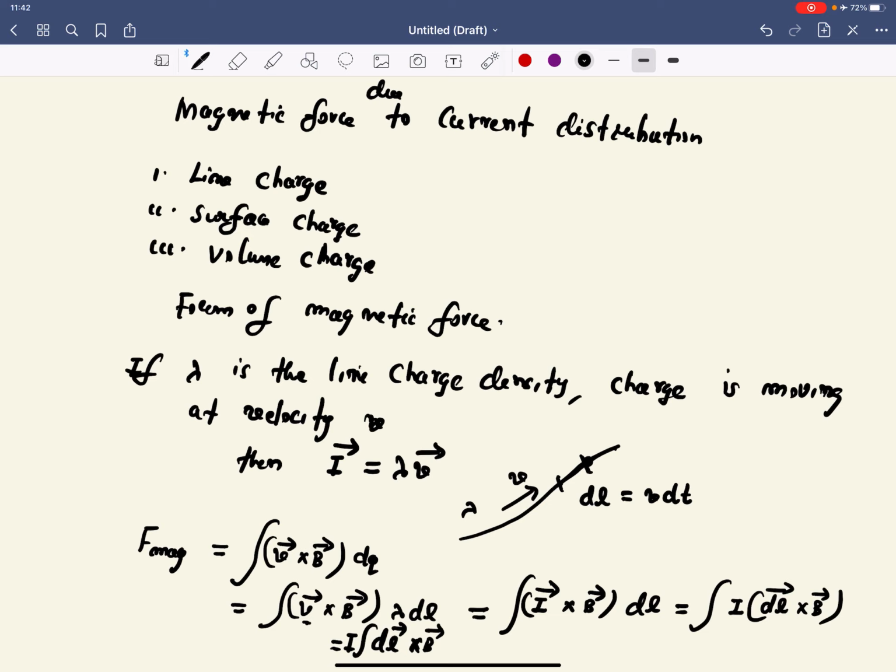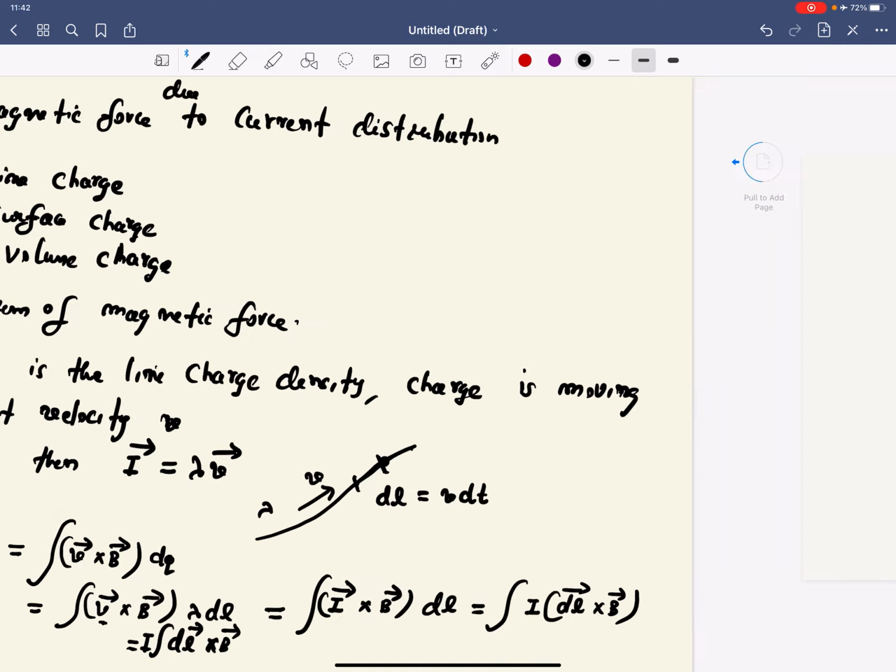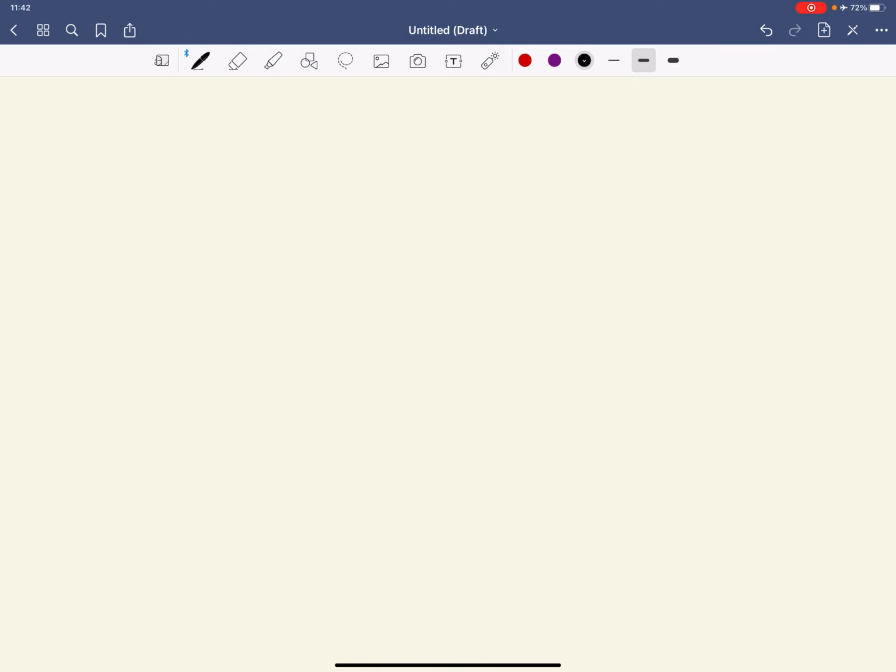Now let's try to find it for other kinds of charge distributions or current distributions. Here the unit of current is coulomb per second, or ampere, which we are very familiar with.